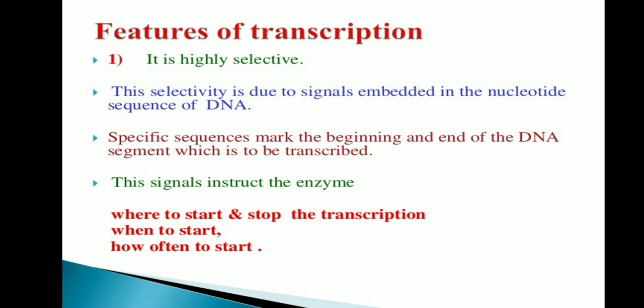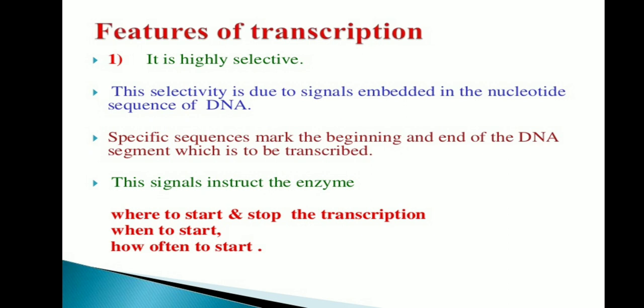Then we'll see the features of transcription. Transcription is a highly selective process, selective due to signals embedded in the nucleotide sequences of DNA. As it is a very specific process, the sequences mark the beginning and the end of the DNA segments which are going to be transcribed.